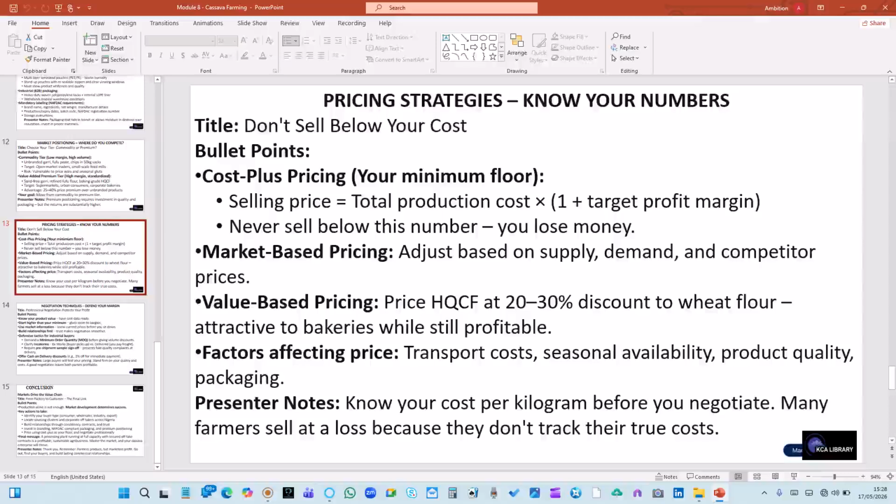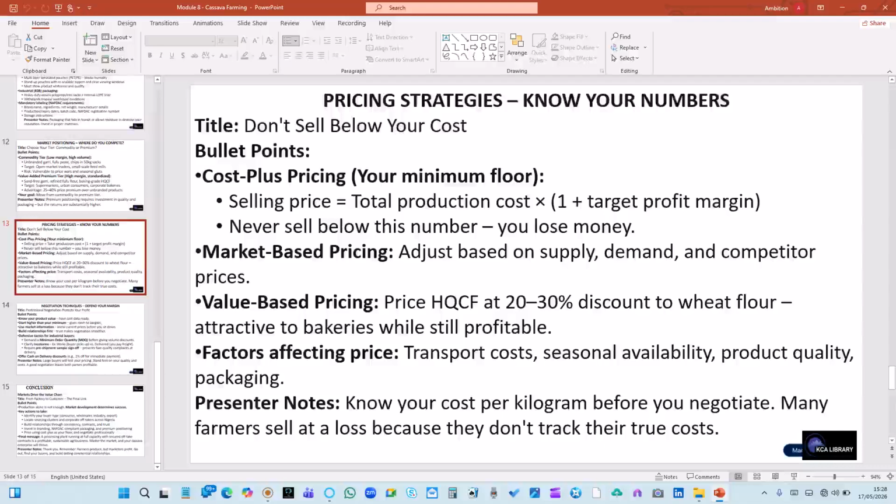Another strategy is market-based pricing, which involves adjusting price based on the supply, demand, and competitors' prices in the market. Then we have value-based pricing, which deals with the price of high-quality cassava flour, usually at a 20 to 30% discount to wheat flour, which is attractive to bakeries while still profitable.